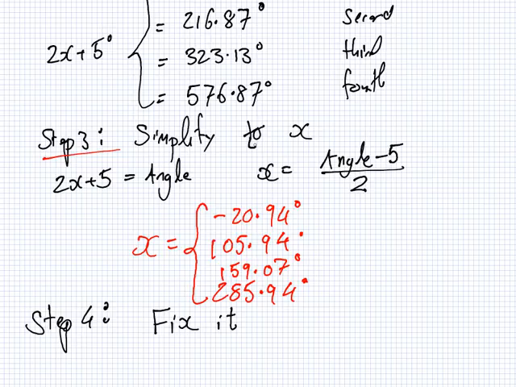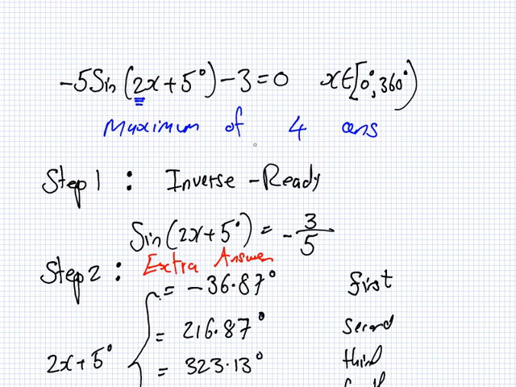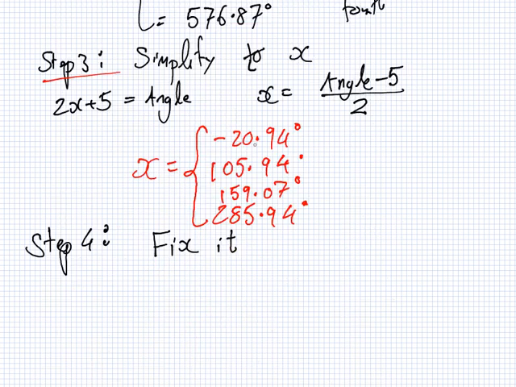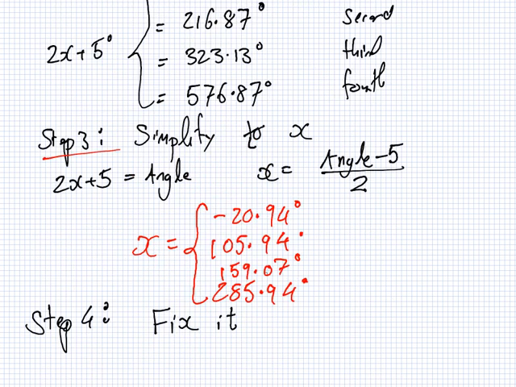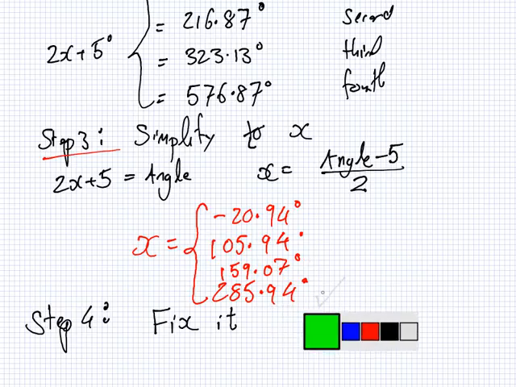Okay, lastly is fix it. So if I go back to the question, what did I need for my x? I needed my x to be between 0 and 360. Now when I look at my 4 answers, this answer is acceptable.